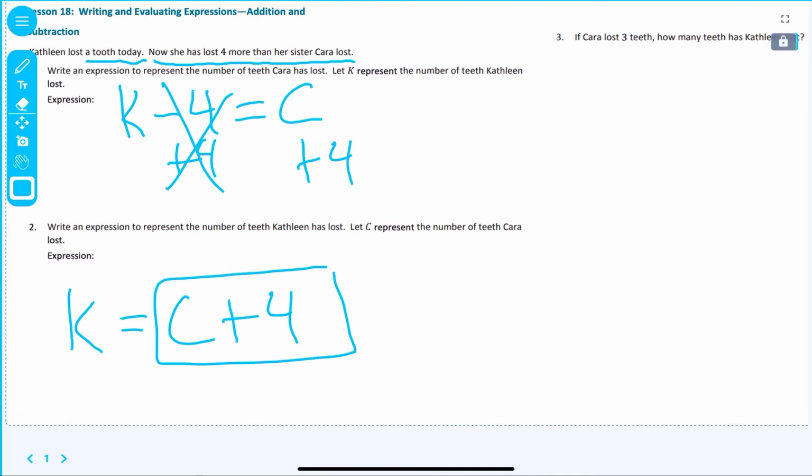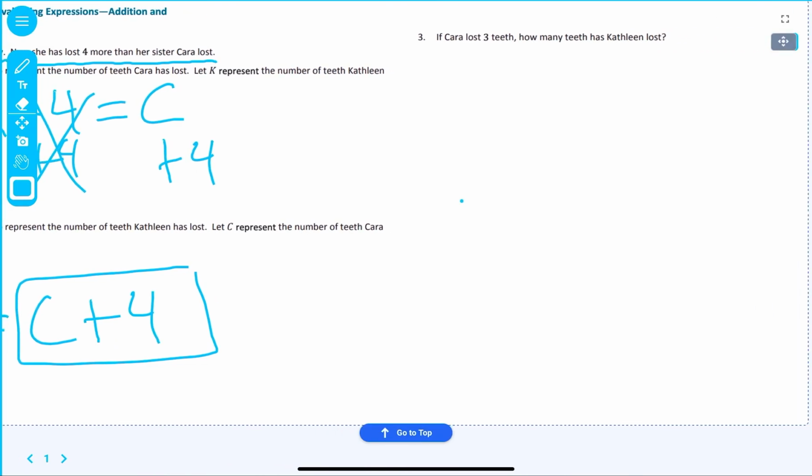Okay? Now, number 3, kind of over there to the right, says, if Carol lost 3 teeth, how many teeth has Kathleen lost? Nope, this is total. So, which formula are we going to use? We want to know what? We want Kathleen, right?